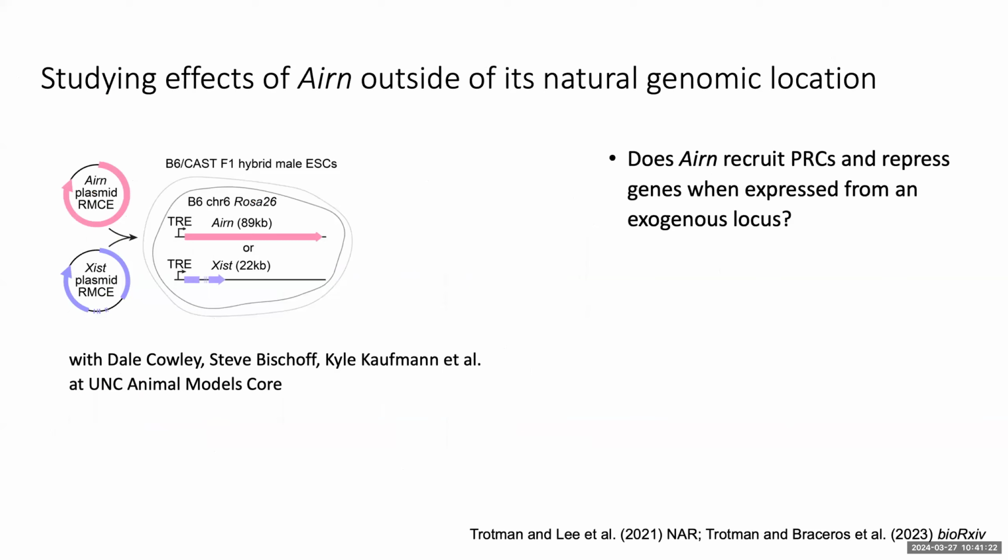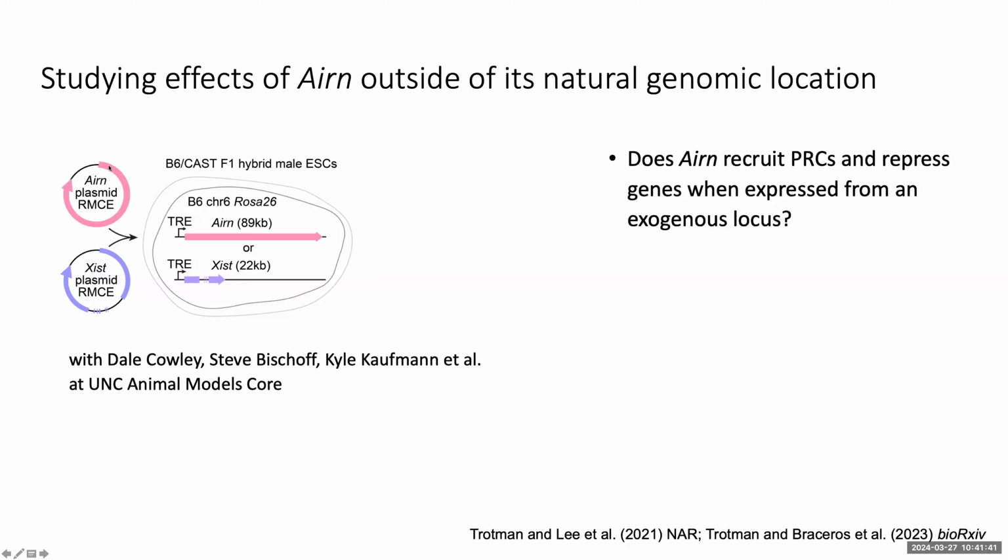And to begin to address this question, what we thought we would do is take the Airn gene and put it somewhere else in the genome and see what happens. And so working with some really talented molecular biologists here at the UNC Animal Models Core, we were able to achieve just that.